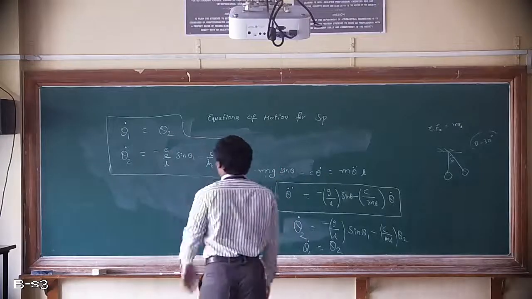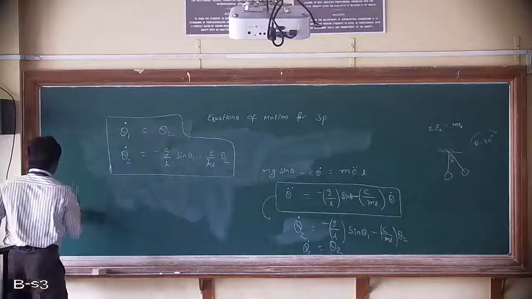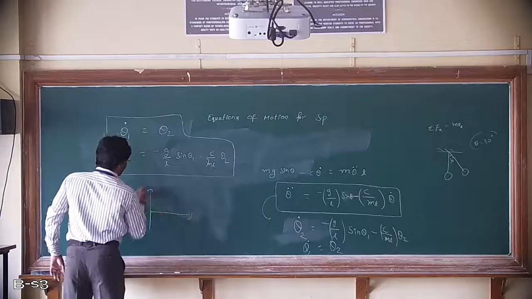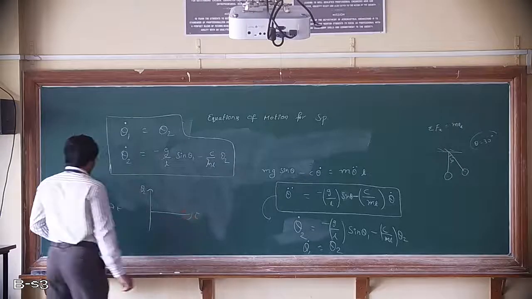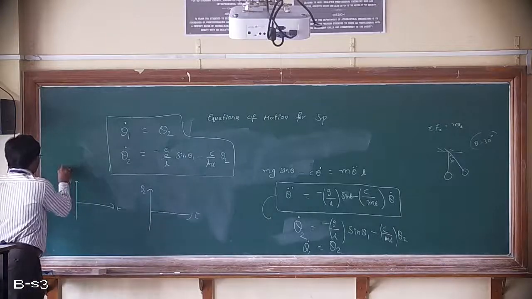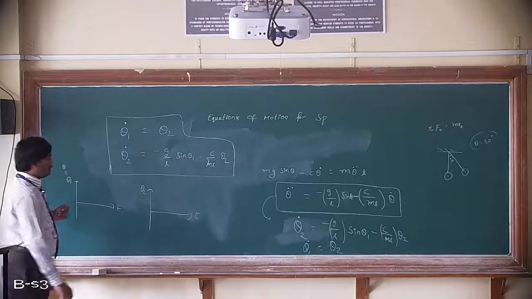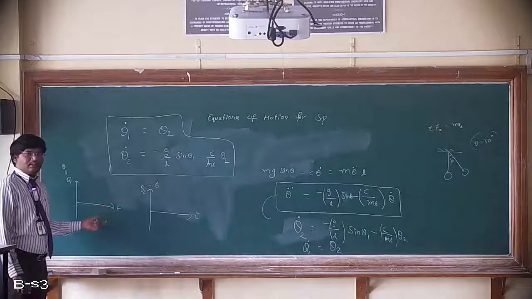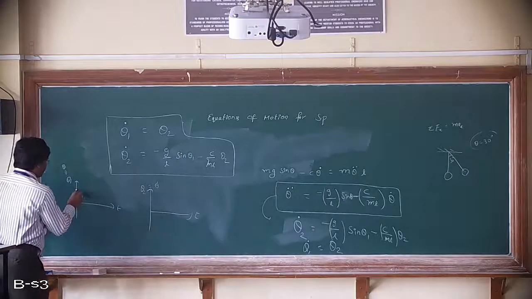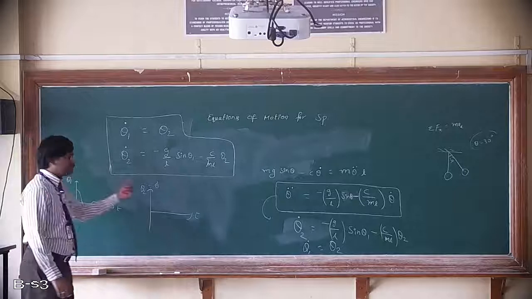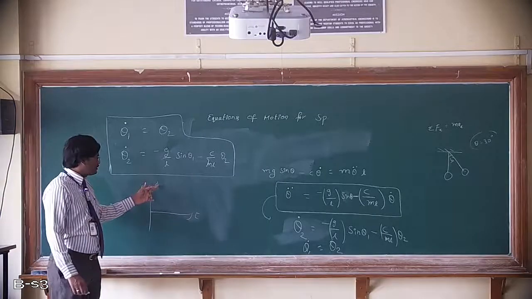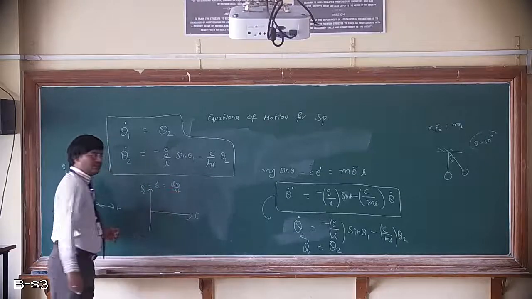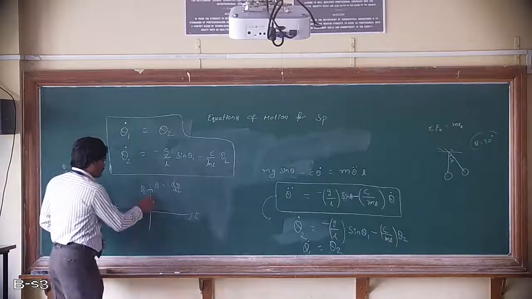If you solve these equations, you will get theta 1 as a function of t. If you solve these two equations, you will get theta 2 as a function of t. Theta 1 is nothing but your theta, and theta 2 is nothing but your theta dot. So these two graphs will represent the position of the pendulum, and at the same time theta dot is nothing but d theta by dt, so it will give velocity also.